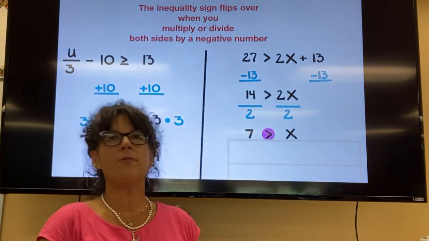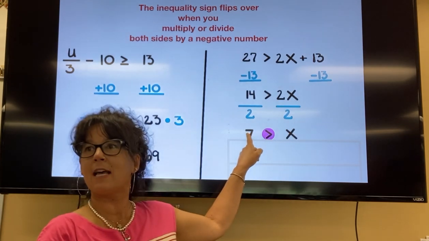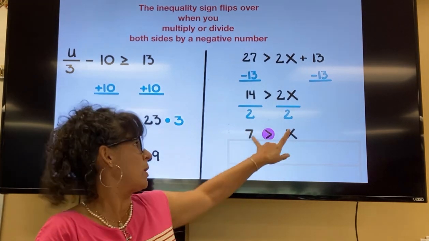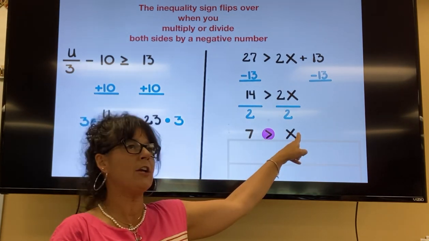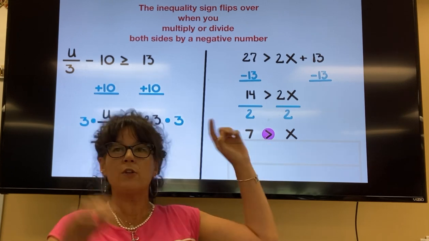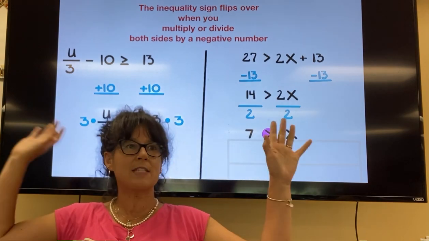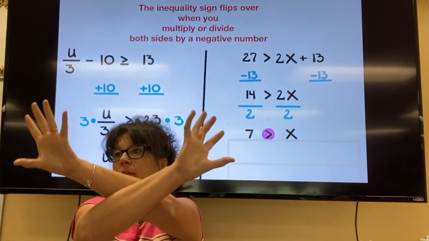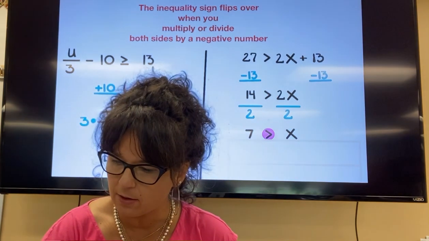So if I want to put the x first, the alligator is eating the 7. The 7 side is bigger. So if I flip this around and put the x and the 7 here, then I also have to flip this inequality. So if you just randomly decide to make the right side the left side and the left side the right side, you just grab everything and switch it, then your inequality is going to have to flip around.